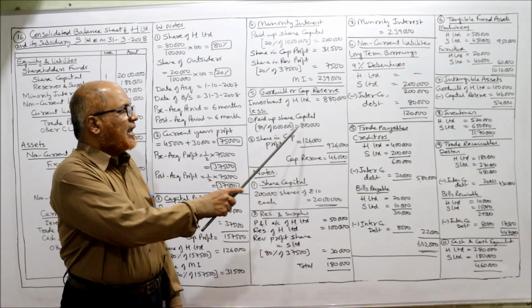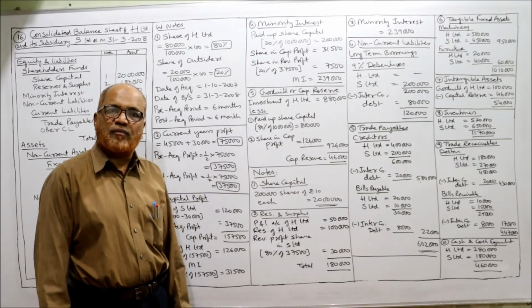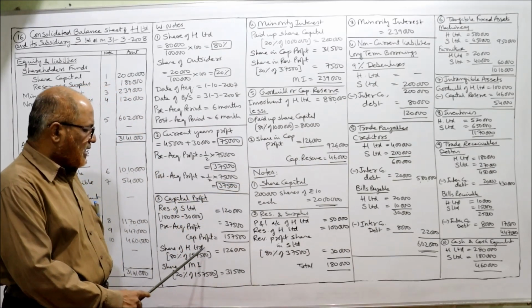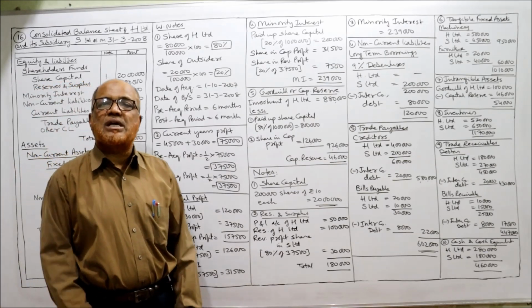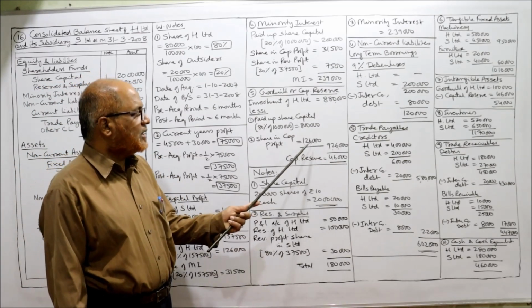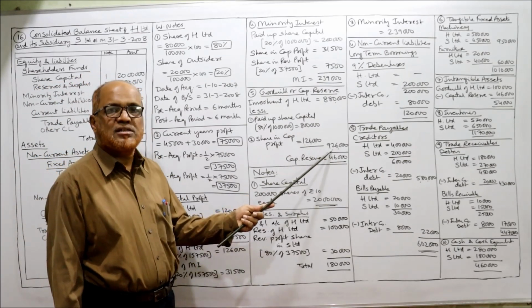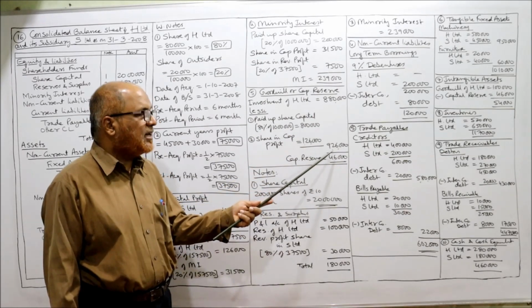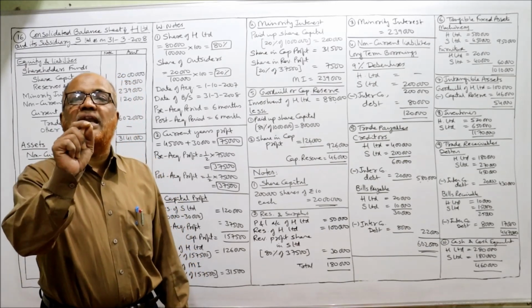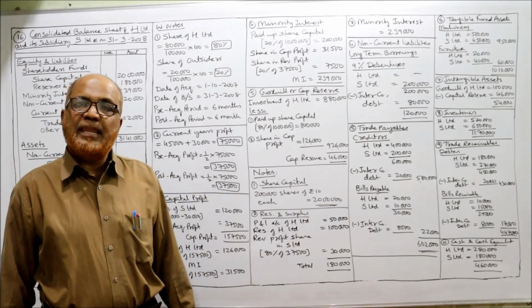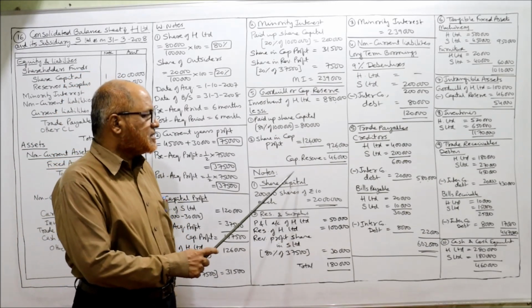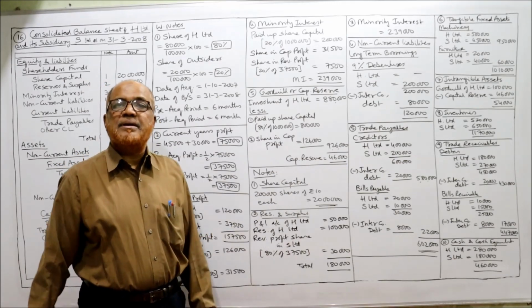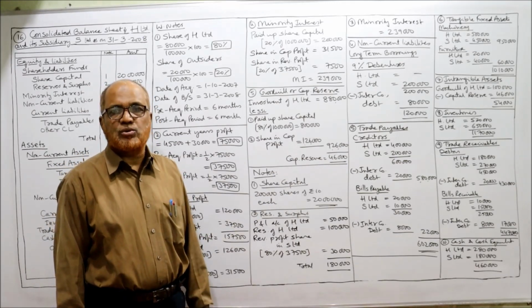So 80% of 10 lakh is 8 lakh. Plus share in capital profit, calculated as 1,26,000. Adding up, 9,26,000. So 8,80,000 minus 9,26,000 gives a negative figure. Negative means capital reserve. So we are getting a capital reserve of 46,000.